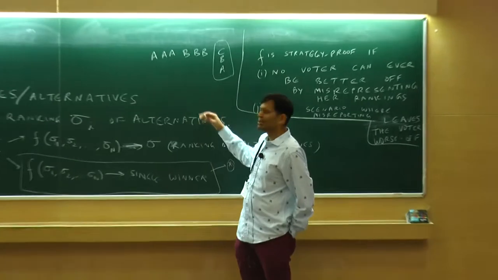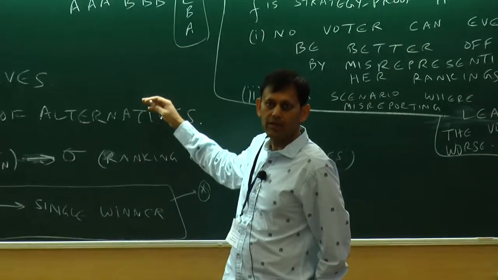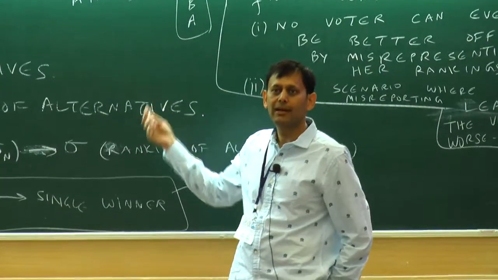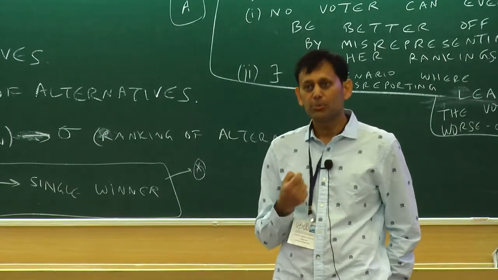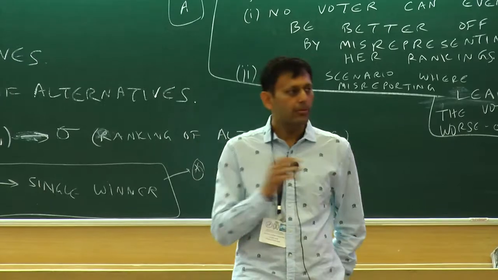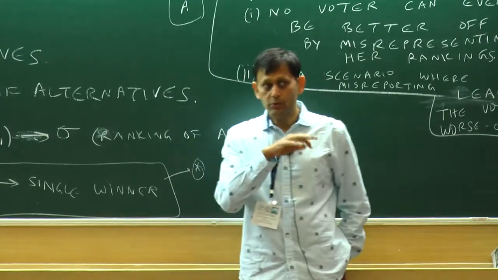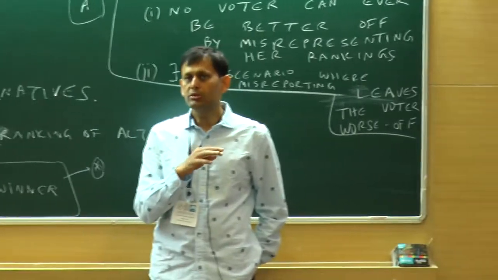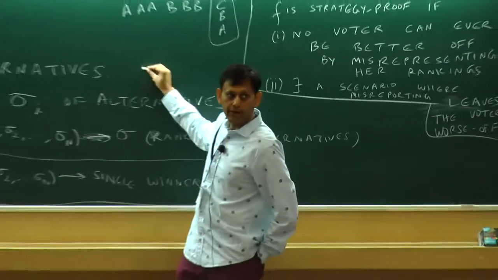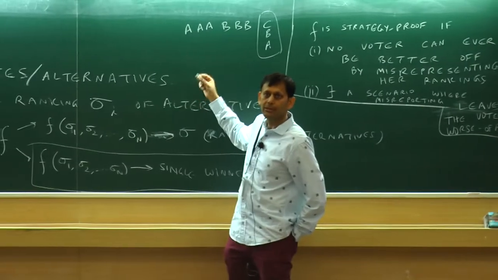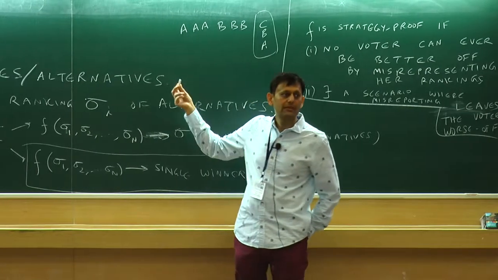So the suggestion is that you could assign a weight to each position in the rank, sum them up, and take the highest person. That's not strategy proof. There's a class of rules called position scoring rules. It's a beautiful and very useful class of rules, and a lot of elections work like that. Position scoring is where you apply a weight to every position, sum them up, and whoever gets the most score wins.